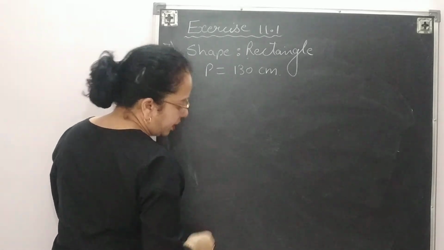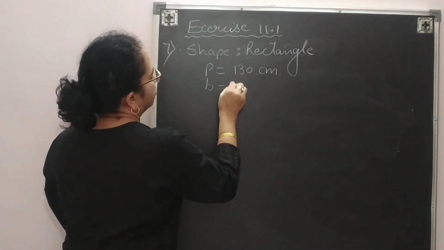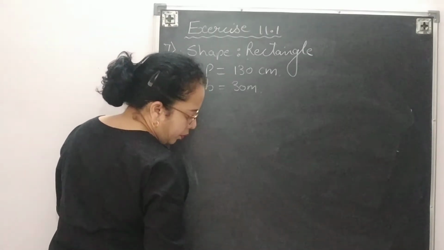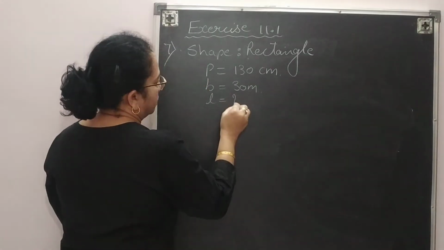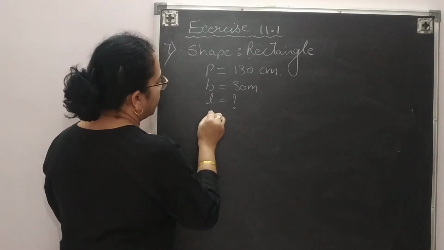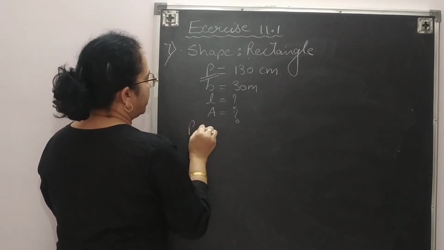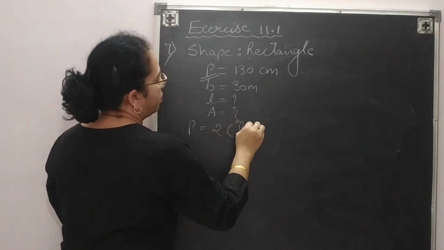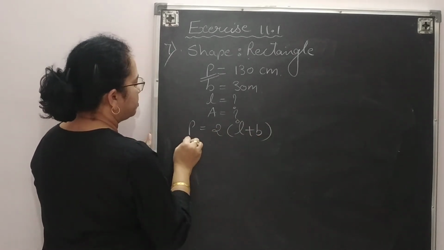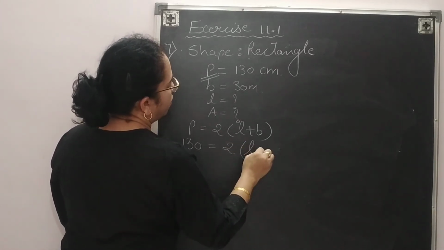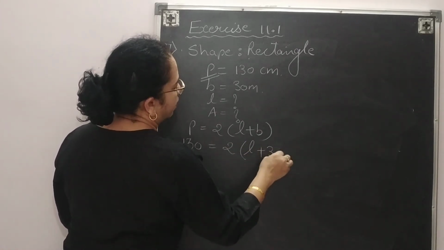If the breadth of the rectangle is 30 meter, so breadth is given as 30 meter. Find its length and find its area. So again we will start with perimeter. Perimeter is equal to 2 in bracket L plus B. Substitute the values: 130 equals 2 in bracket, L you need to find and breadth is given 30.